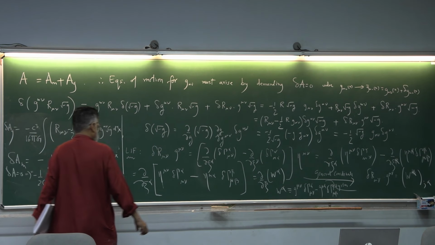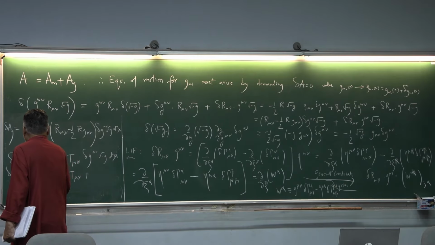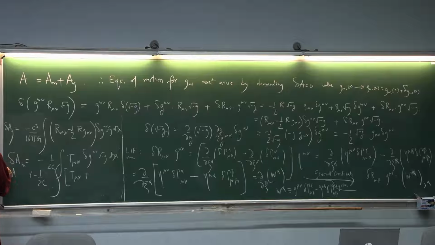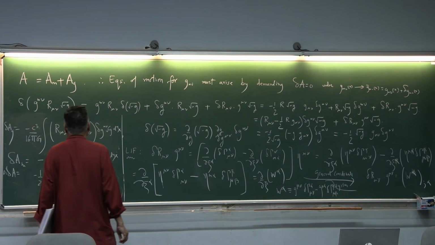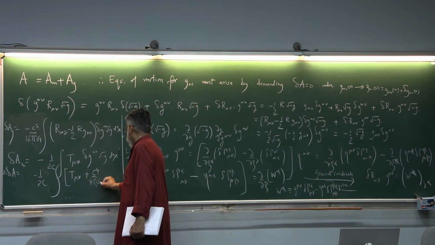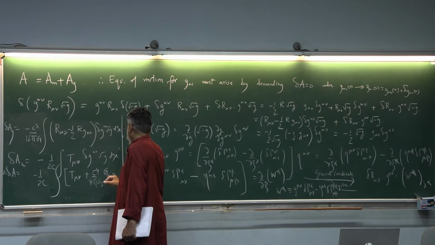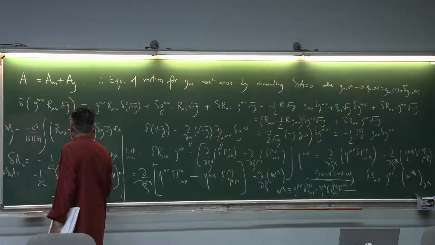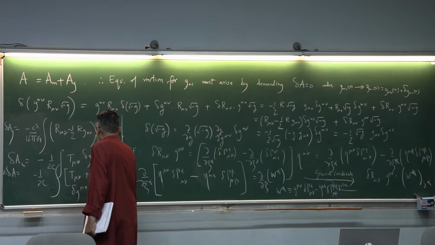So overall, 0 equal to delta A is equal to minus 1 over 2c T mu nu plus, because I have taken minus 1 over 2c common, c4 by 8 pi G. This is the Einstein tensor capital G mu nu, multiplied by delta g mu nu, root minus g d4x.